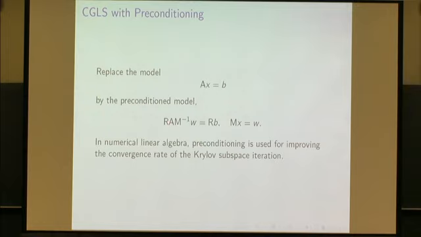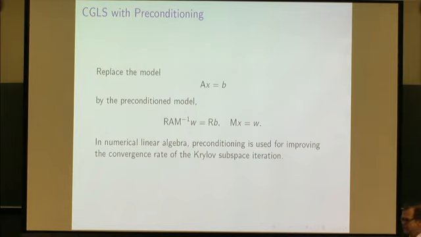You can use left or right preconditioners, and in this formulation here, I have put both of them. First of all, you can multiply your equation through by a matrix R, which would be the left preconditioner. And then you can also replace your X by M inverse W. So this is X here. This is the same problem, but then if you solve this for W, you still have to solve for X from this equation.